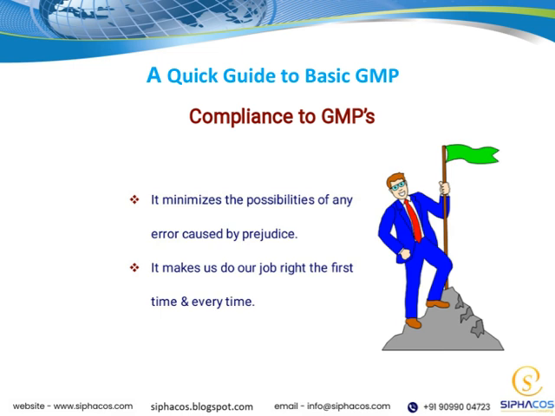It's a continuous commitment to quality and improvement. When we adhere to these principles, we build trust with regulators, partners, and most importantly, with the consumers who rely on our products. This slide ties into the overall theme of quality assurance and the importance of systematic practices in our industry. It's about embedding quality into every step of the manufacturing process.